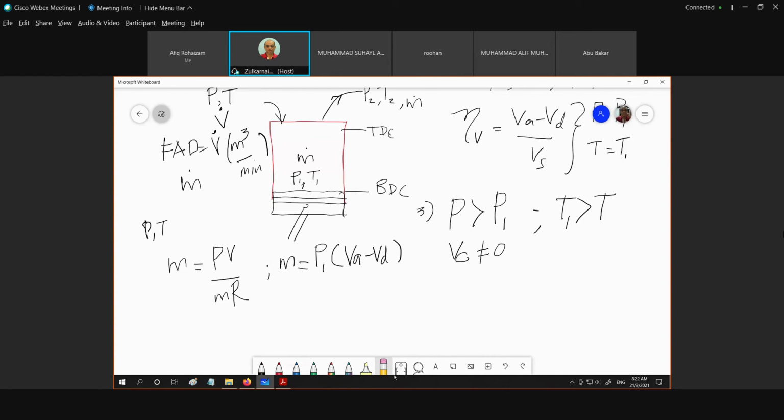The same M dot. Okay, but what enters is VA minus VD at condition P1, T1.